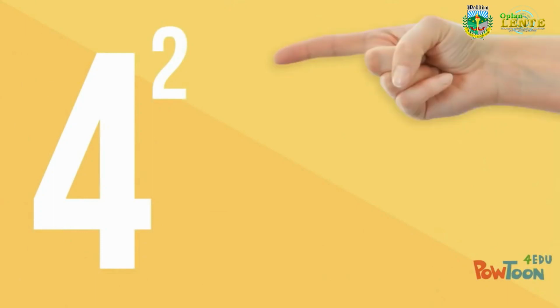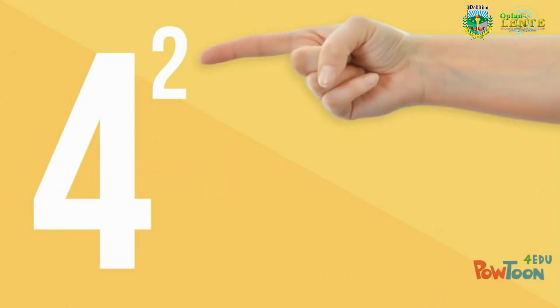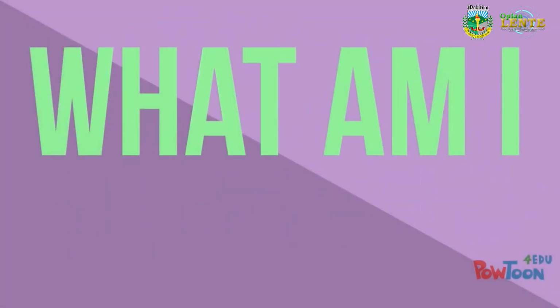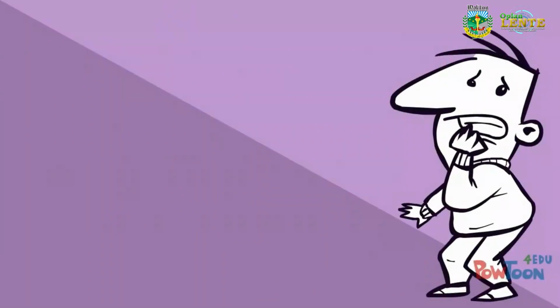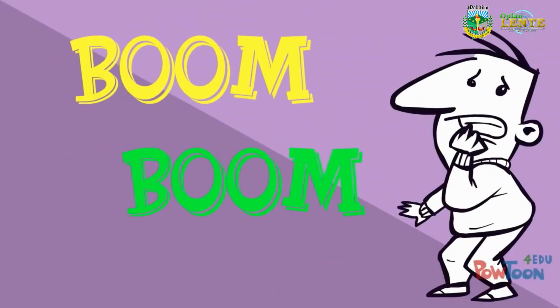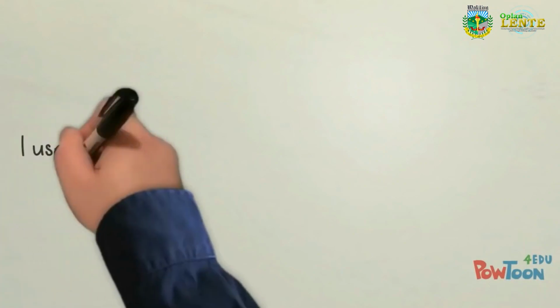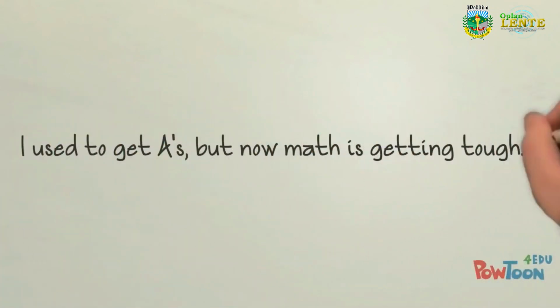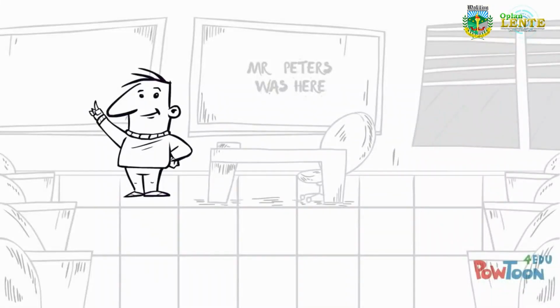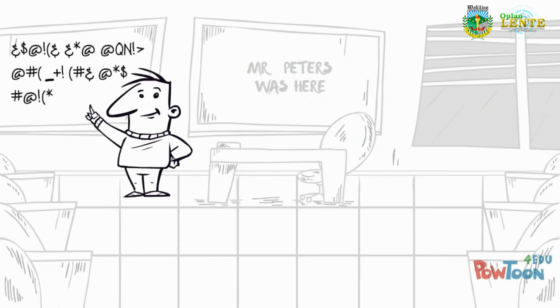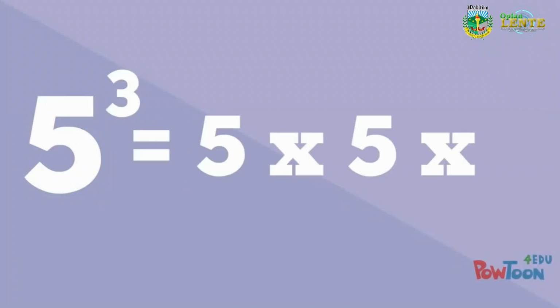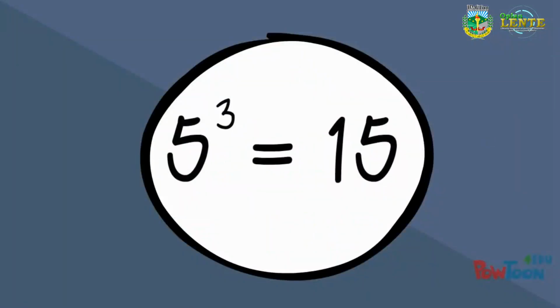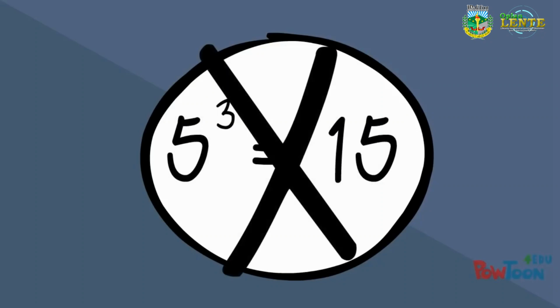What's written here? Little number 2. What does it mean? What am I supposed to do? My head's like boom boom with all this crazy stuff. I used to get A's, but now math is getting tough. I see the teacher working up there with white chalk. He's not making sense. Someone make him stop. Repeating multiplication just sounds made up. I wanna multiply the bottom number by the top.